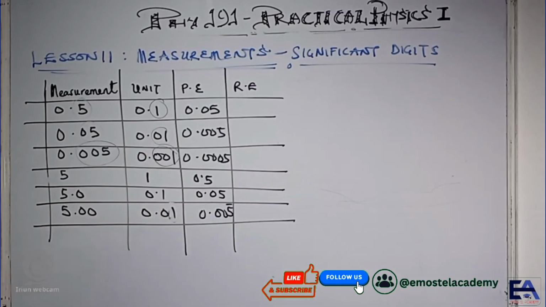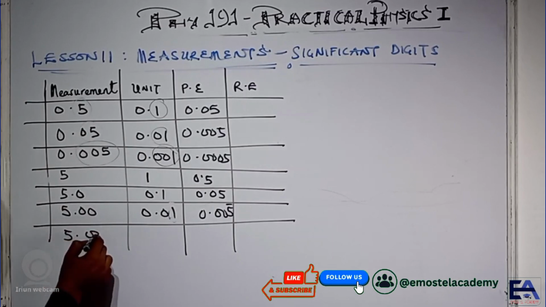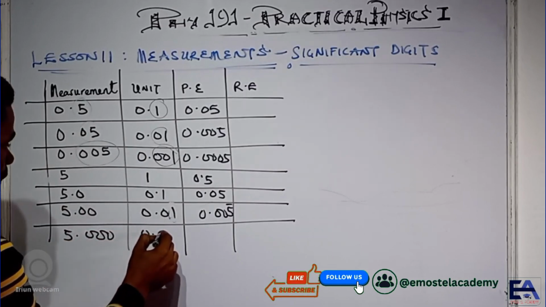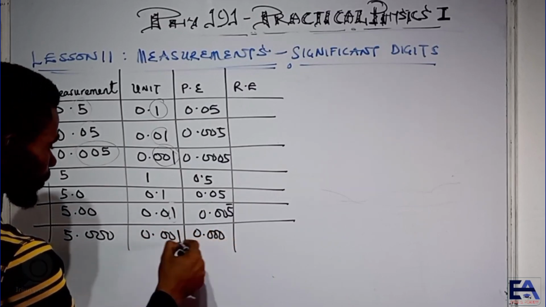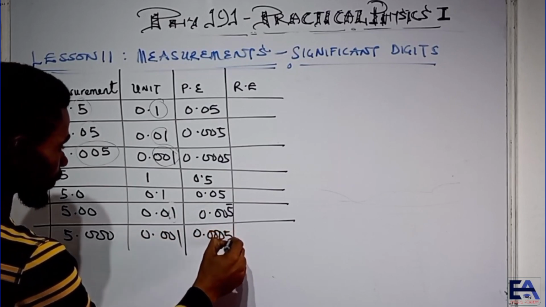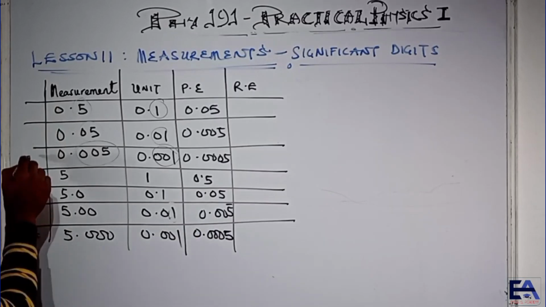Let me just add this one to balance things out: 5.000. So this one will be 0.001, and then this one will be 0.0005. Okay, good.